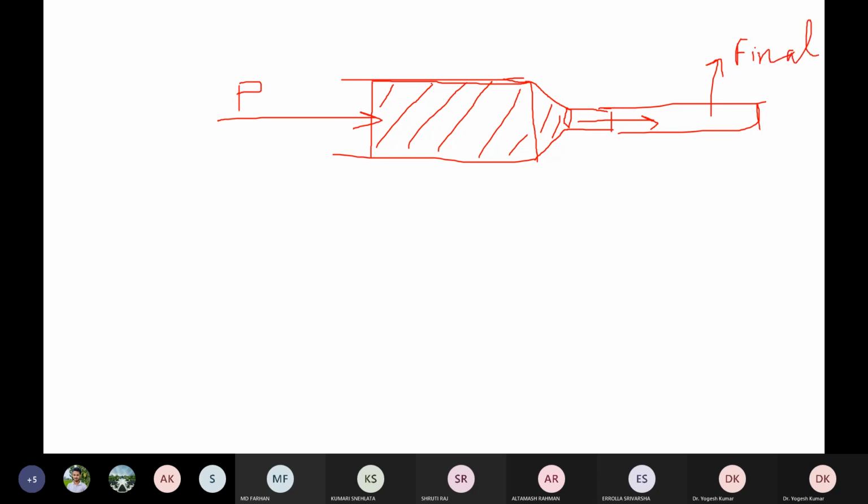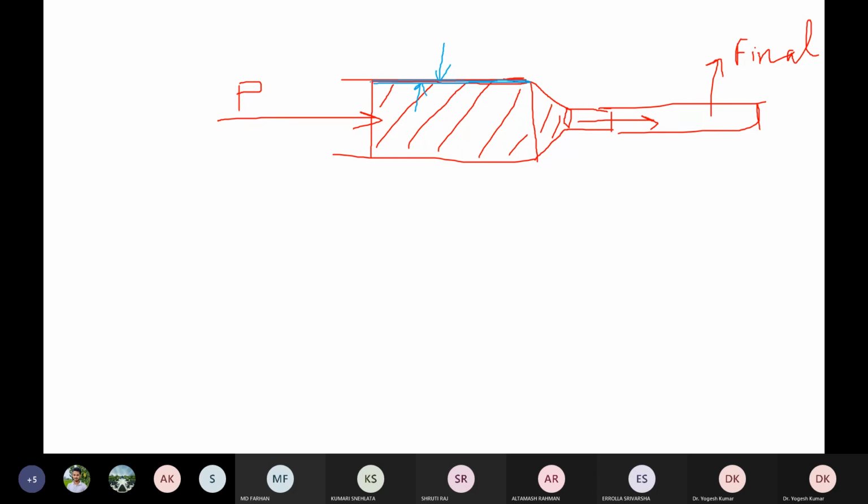Try to see here what is happening. Let me change the color so that you are able to understand with more clarity. At this interface, that is the work part and tool interface, what is happening? These two surfaces are in contact. This is your tool part and this is your metal workpiece, which is getting deformed.